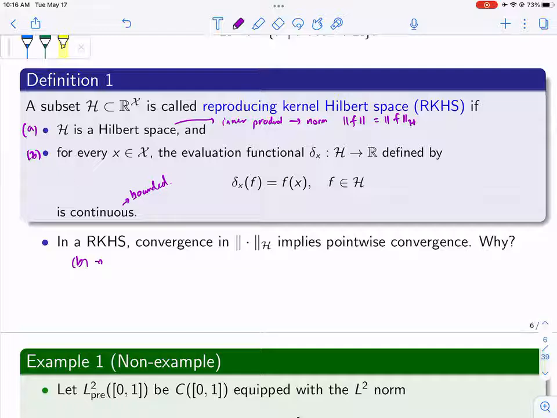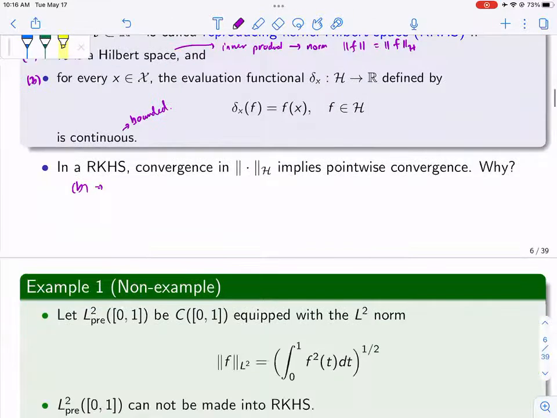So why is this the case? Suppose there exists a sequence of functions Fn, a subset of the Hilbert space, and I know that Fn converges to some f, let's say in the Hilbert space. F is also in the Hilbert space.